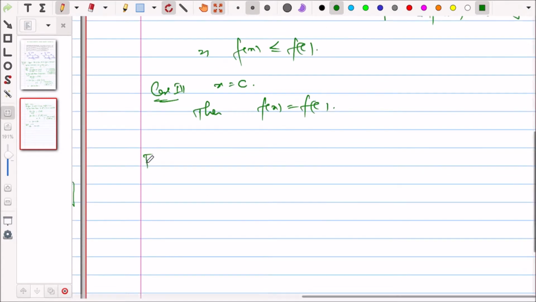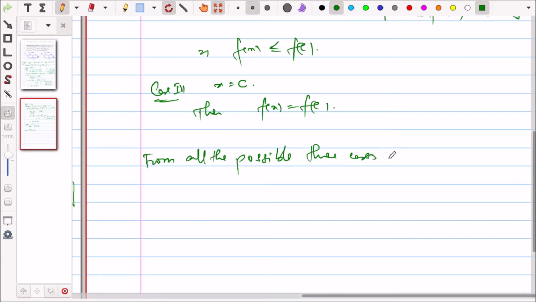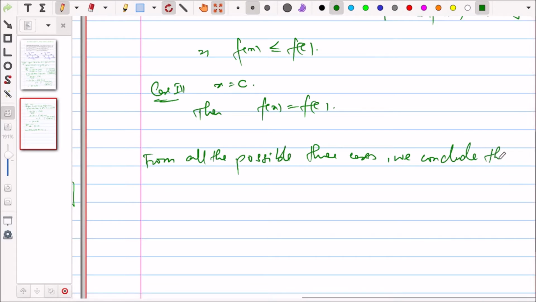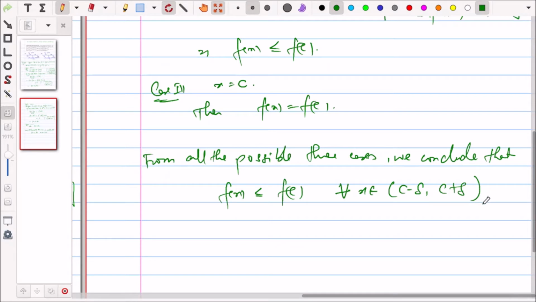So from all the possible 3 cases, we conclude that तीनों cases में यही आ रहा है, we conclude that f(x) is less than or equal to f(c) for all x belonging to (c minus delta, c plus delta).